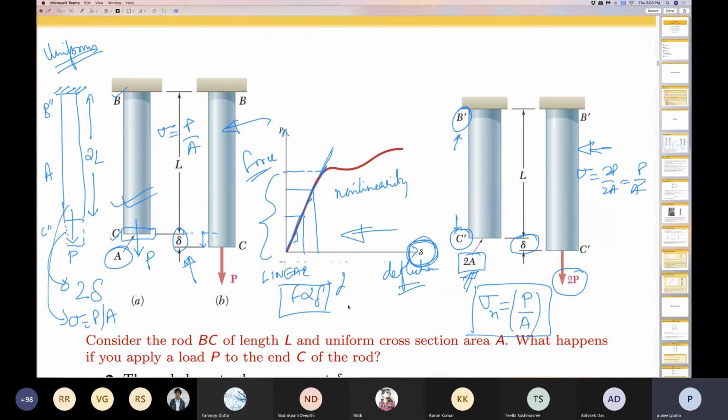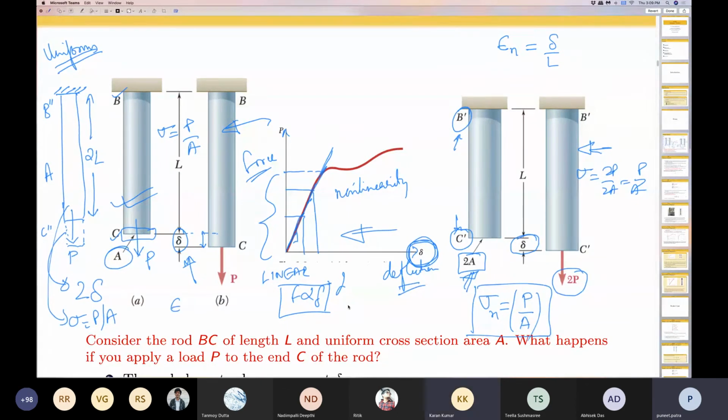In order to do that, I bring in the concept of strain, epsilon n. And let me define this quantity for a bar of uniform cross-section as deflection by original length. Okay, with this description, you can see that all the different parameters are now going to be exactly the same.